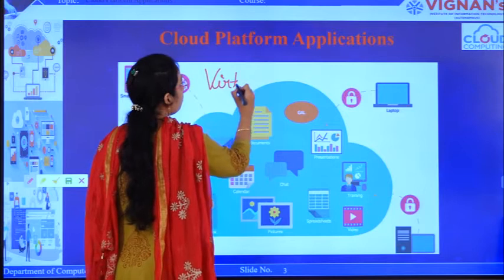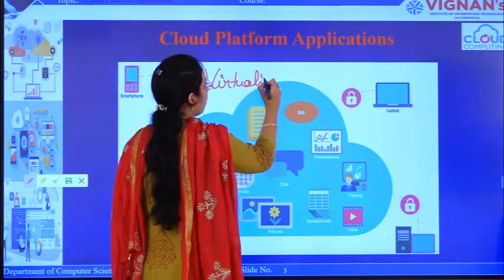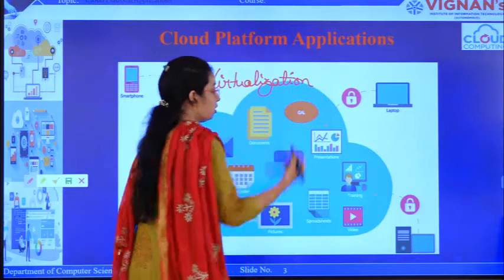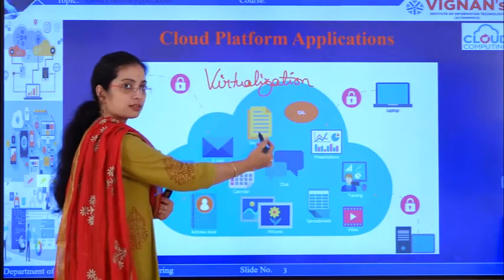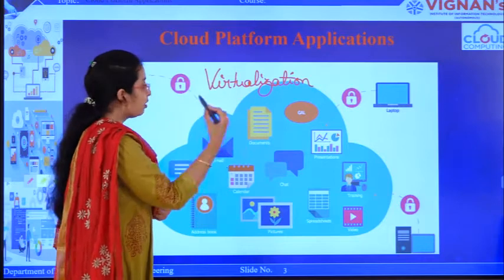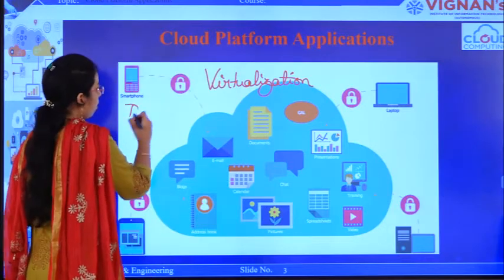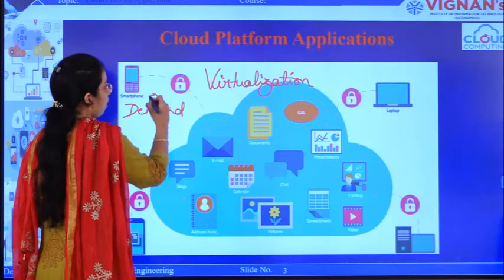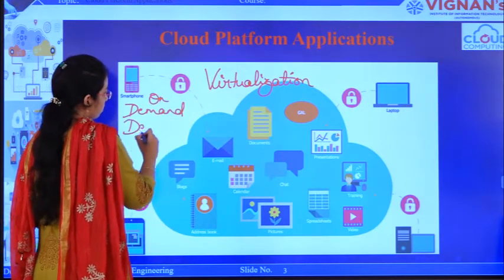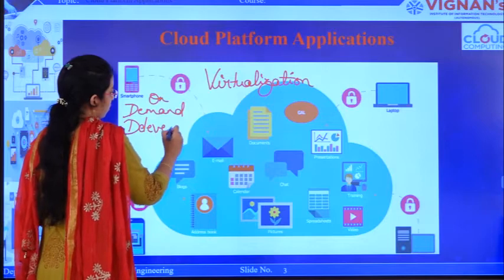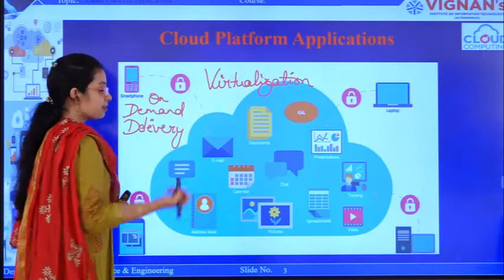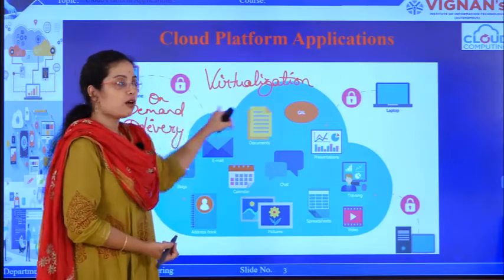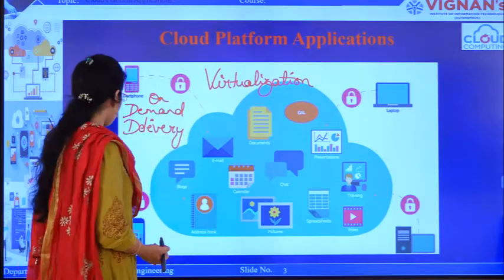The main theme of the cloud is to provide its service to the user with the help of virtualization. All these services are provided to the user on an on-demand delivery basis. So, the cloud provides its service to the user with the concept of virtualization on an on-demand delivery approach.